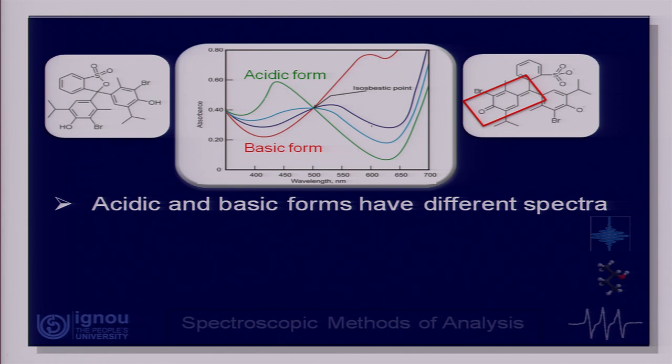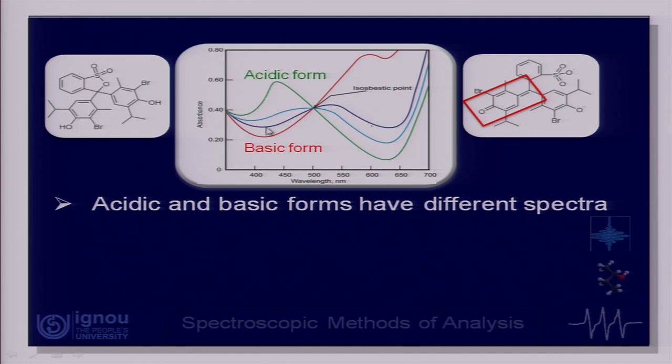Now, as we increase the pH, we saw that at low pH the medium is acidic, this species is the predominant species, and the spectrum is this. As I increase the pH, this species gets converted into the basic form. As a consequence, the absorbance here decreases, and that of this part, which is more of the basic form, increases.